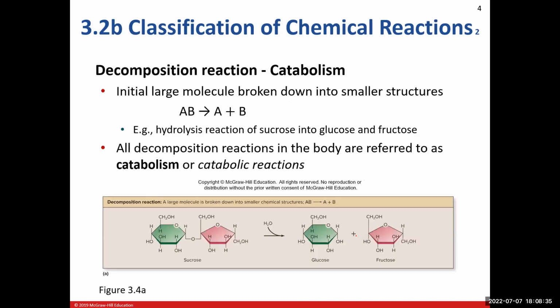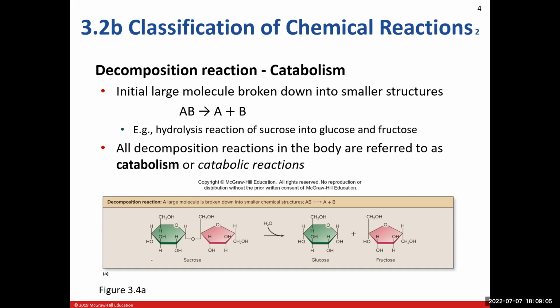The first one here, the decomposition reaction, is catabolism. We've talked about what catabolism is. Catabolism is when we start with something and tear it down. You start with something big, and then you make it into something smaller. Digestion is an example of catabolism. You put some fruits and vegetables into your mouth, and we break those down into their proteins, into amino acids, into carbohydrates, simple sugars, that sort of thing.